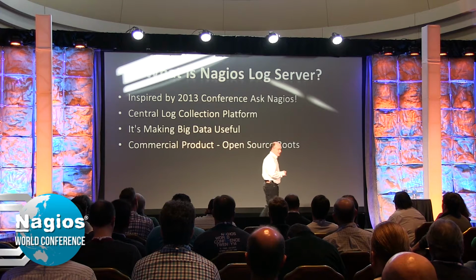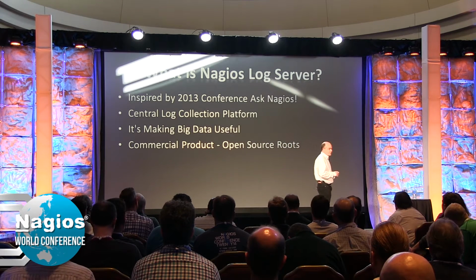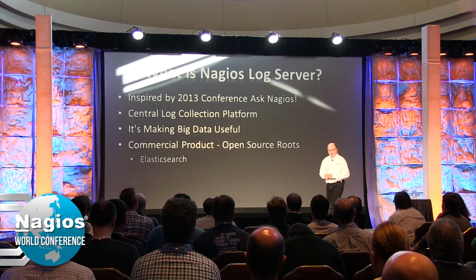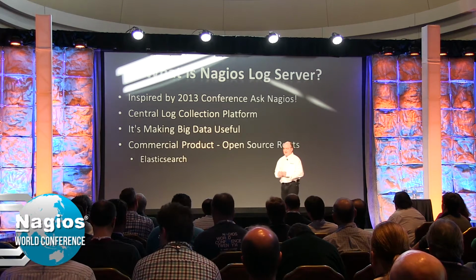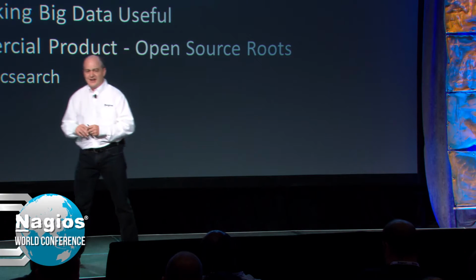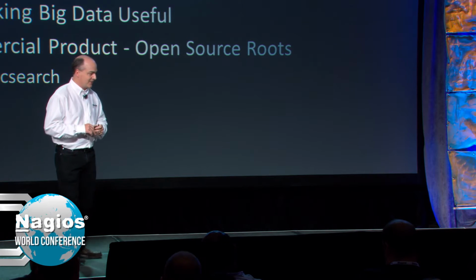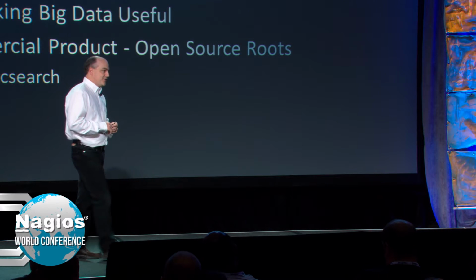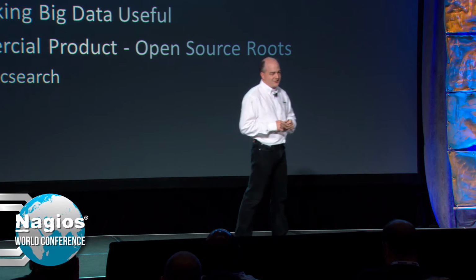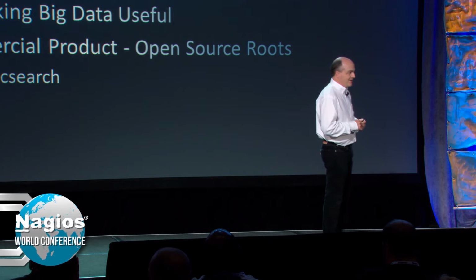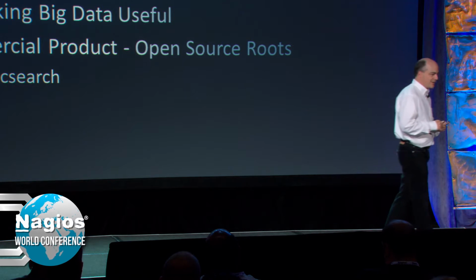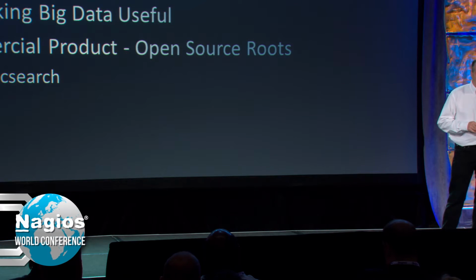Nagios Log Server is a commercial product, but it has open source roots, as Ethan mentioned earlier. We built the product on the ELK stack, first comprising of Elasticsearch. Elasticsearch is the data store that we use to index and search data within Nagios Log Server. Elasticsearch itself is built on top of a project that is now known as Apache Lucene. Lucene was first created in 1999, the same year that Ethan Gallstead committed the first code for NetSaint.